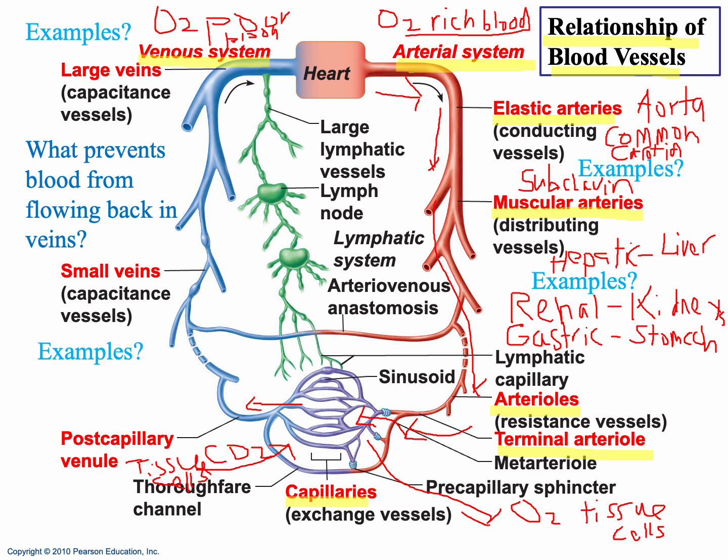All right, so we look at this now, and the first structure that the oxygen poor blood will make its way to is the post-capillary venule. This is the first blood vessel off the capillaries. And then from here, the blood supply will then make its way into what are known as venules.